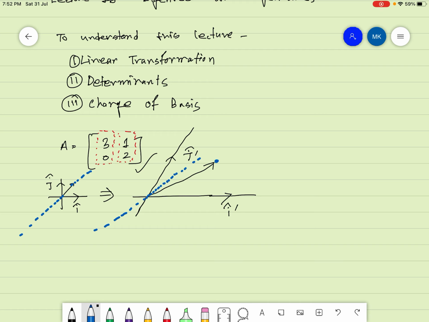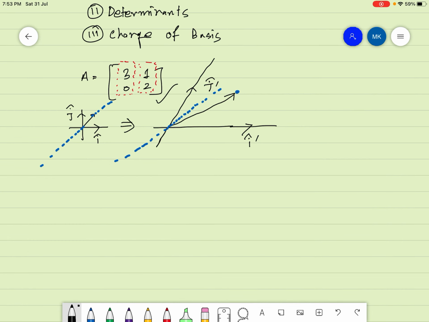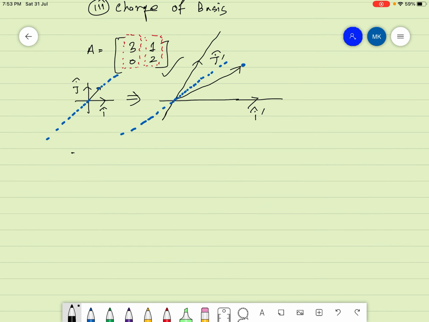Okay. But there are some vectors that would remain on their span even after being multiplied by this particular matrix. For example, any vector on the x-axis. So let's say you have this vector 2 0.